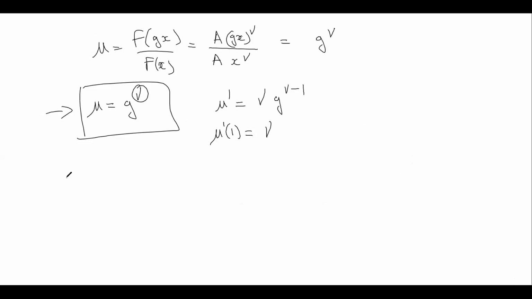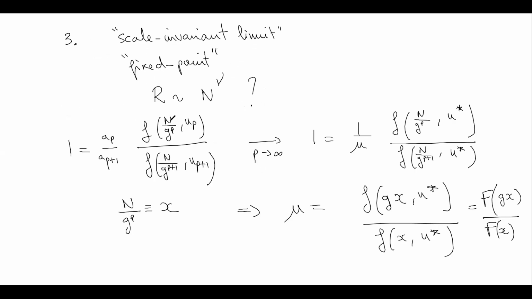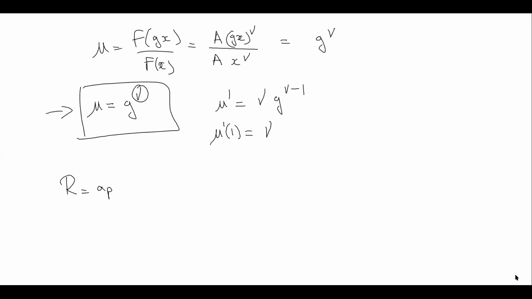So R is A_p times F of what? Of n g to the p in the scaling limit. So F of A_p = A n to the g divided by g to the power p, sorry, to the power nu.